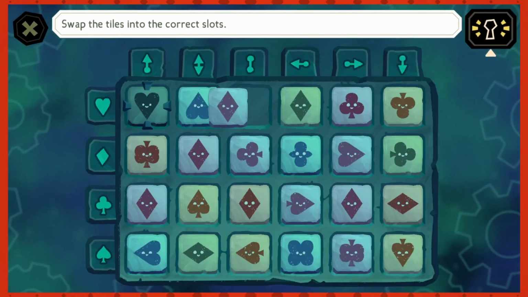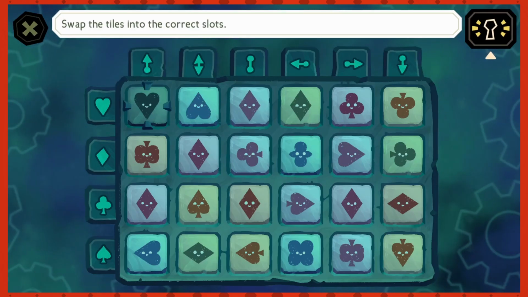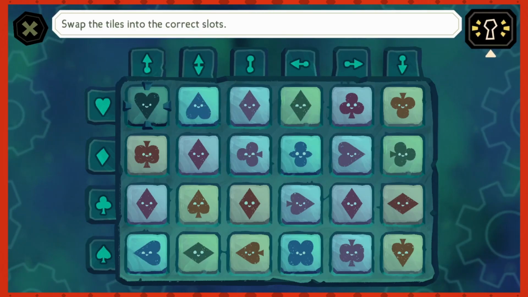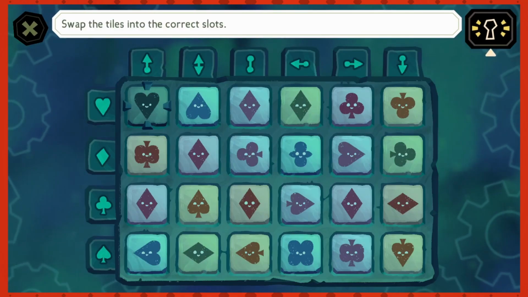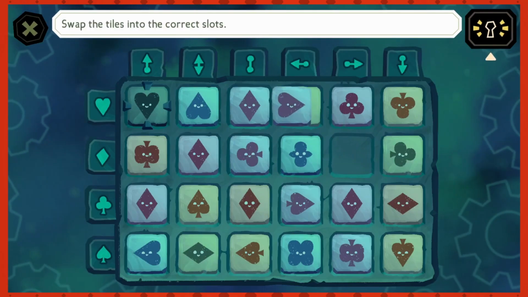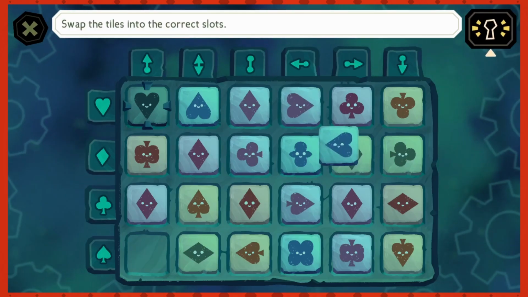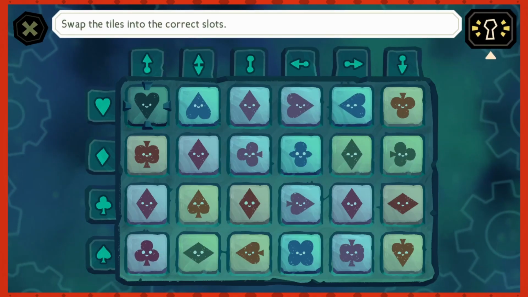So how do we swap them? Ah, okay. So... This is heart. Right side up. Okay, I see. So... What if it's like this?